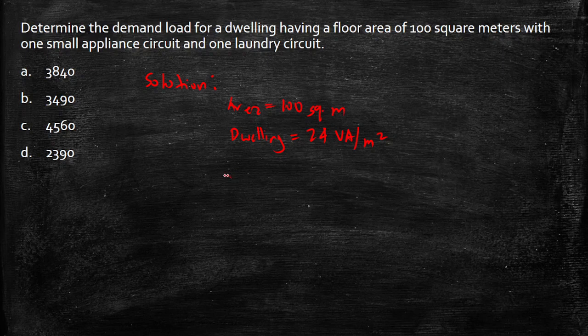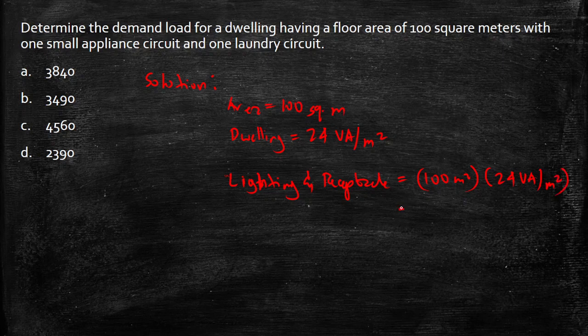The load for our lighting and receptacle: we have 100 square meters, multiplied by 24 volt ampere per square meter.